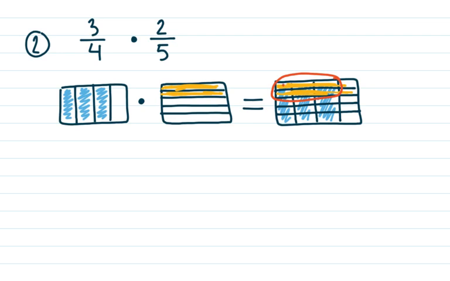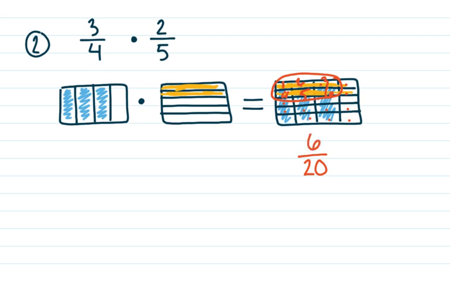And now I have 1, 2, 3, 4, 5, 6, 7, 8, 9, 10, 11, 12, 13, 14, 15, 16, 17, 18, 19, 20ths. So my answer is going to be in 20ths. And my answer is going to be 1, 2, 3, 4, 5. I have 6 pieces that are shaded both blue and yellow.